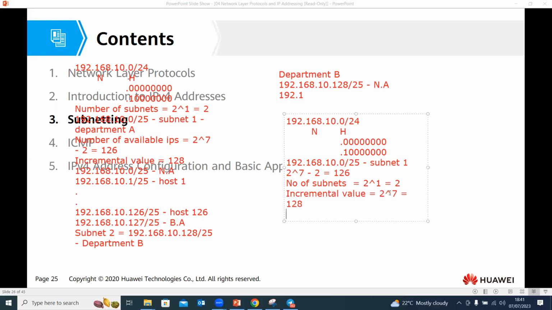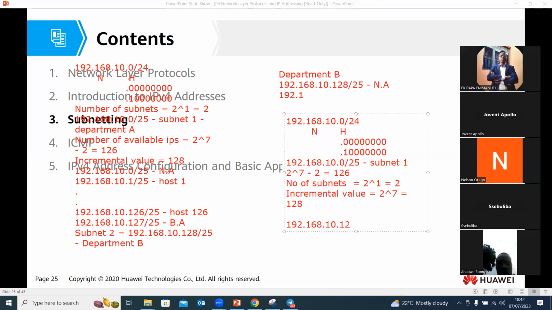So the incremental value is 128. So my next subnet will be 192.168.10.128/25. Like that becomes my subnet 2.